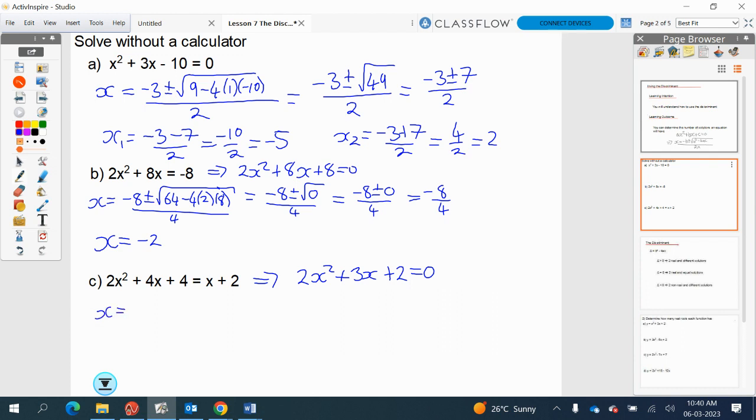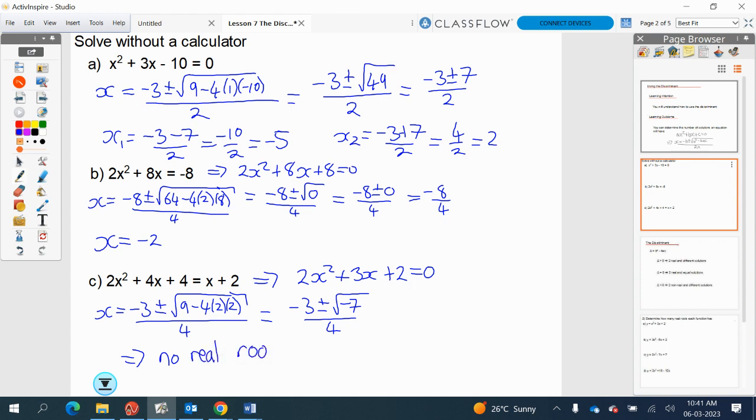We get x is equal to minus 3 plus and minus the square root of 9 minus 4 times 2 times 2, all over 4. That's going to be minus 3 plus and minus the square root of negative 7 over 4. Now, there are no real solutions to the square root of a negative number. So at that point, this implies there are no real roots, no real solutions.